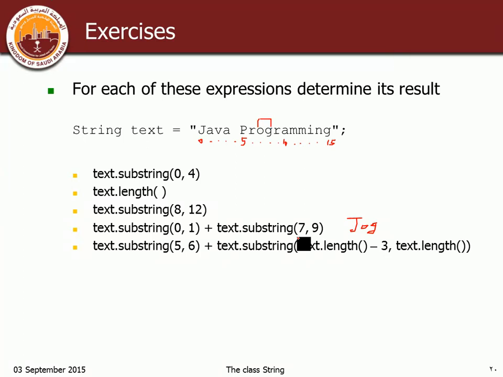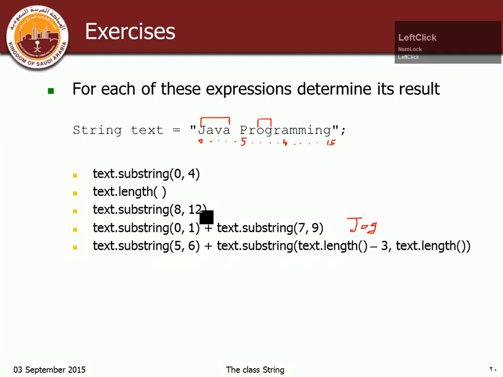All right? Is everything okay? Why is the last index not included? Because we never include the second part. For example, from 0 to 4, 4 is not included, so we stopped here. That's why we stopped at 3.